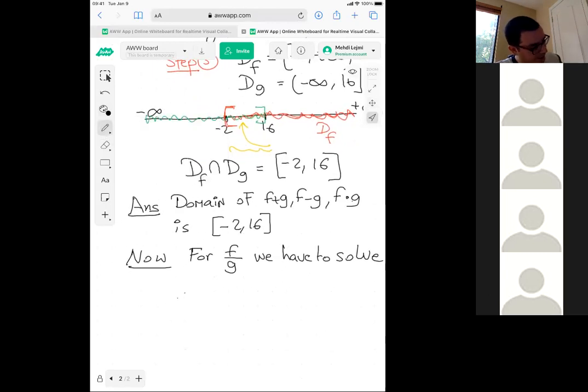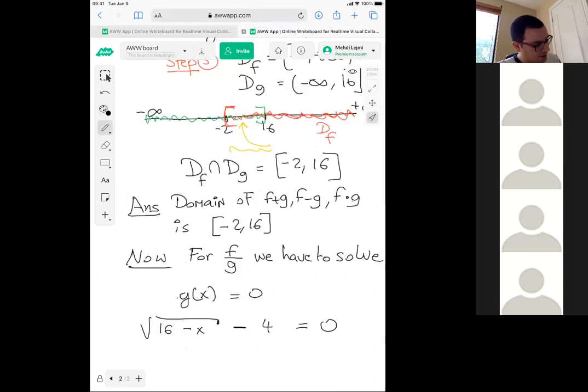And G of x is square root of 16 minus x minus 4. Here we have to solve G of x equal to 0. So now we have to take the whole expression, the whole equation of G, right? It's not just what's under the square root, but the whole thing, equal to 0.